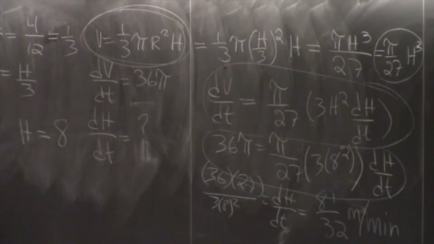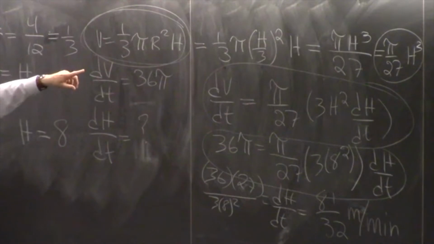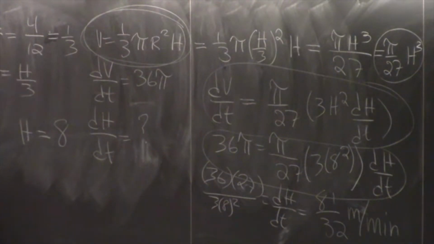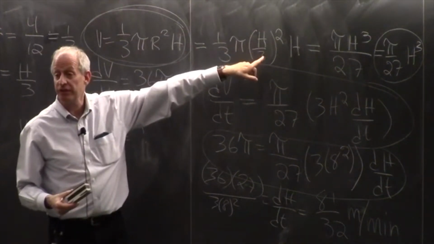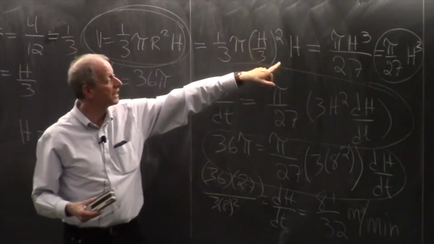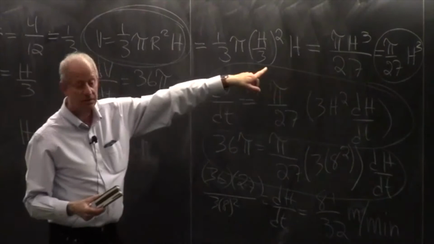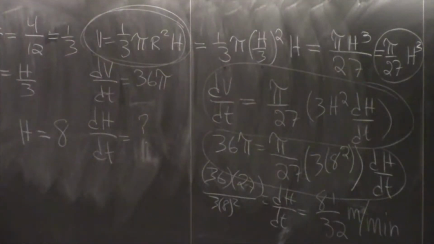So you should understand the process, which is you find a ratio of the radius to the height, and then you can use it to get rid of either radius or height, and simplify the equation. I said the radius to the height is always a third, so I take the radius and replace it with h over 3. And then I can simplify from there. Before you take the derivative, you want to try to get the equation into as simple a form as possible.